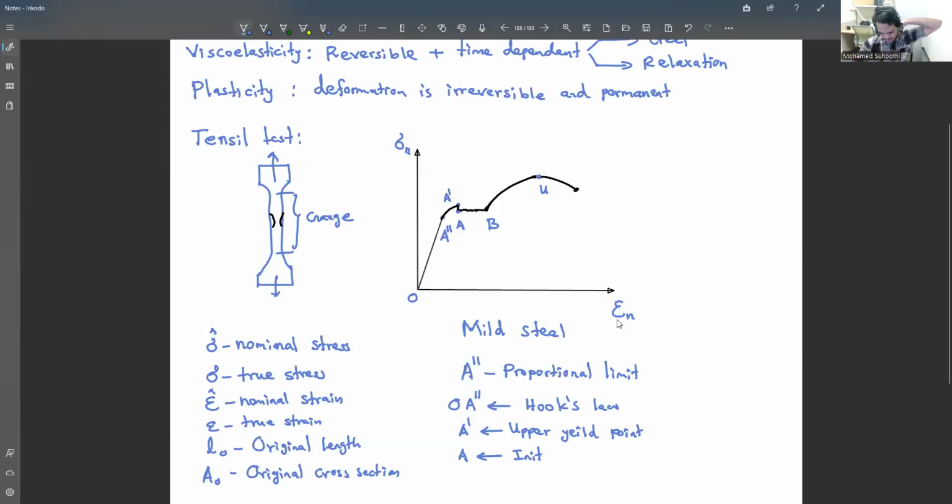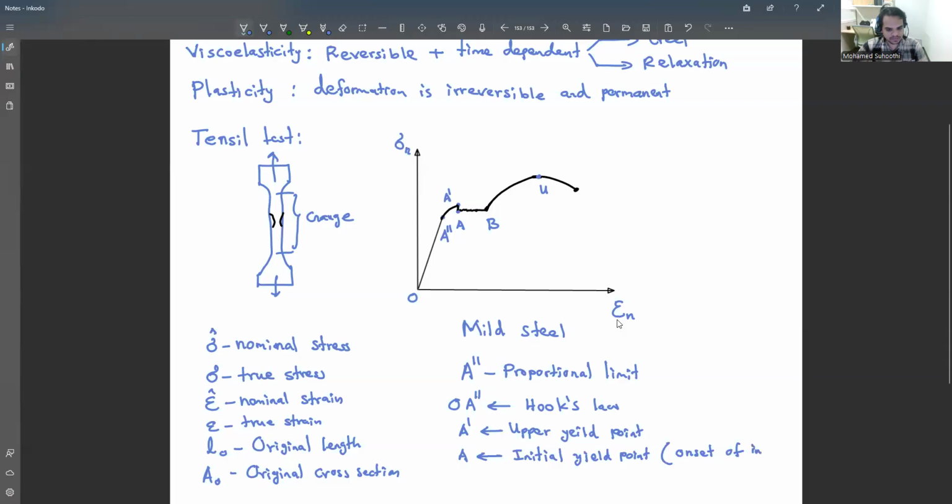If you are talking about the mild steel yield strength, we denote it with A, not A dash. This is the initial yield point, the onset of yielding.